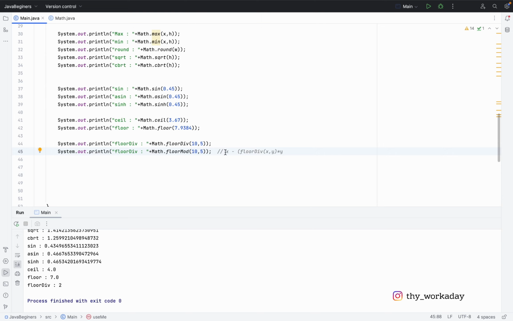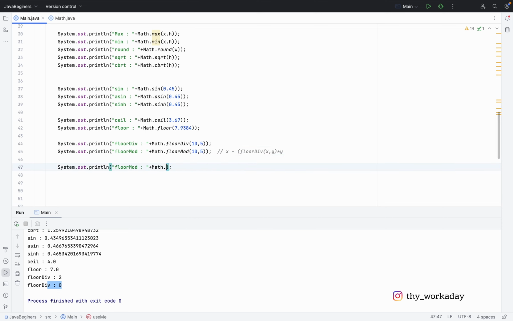So this value will be returned from this floor mod. Okay, so just calculate, if you have any doubt, just calculate this one and find this value. Okay, floor mod, what is floor mod? And another, we have functions like increment and decrement.